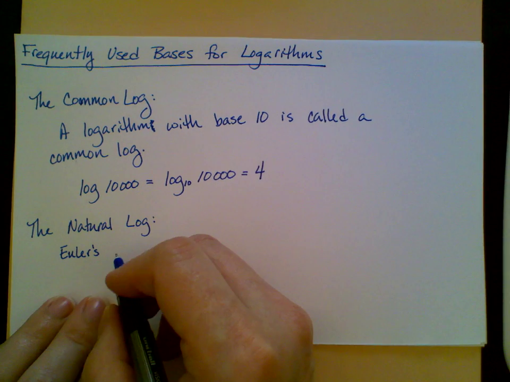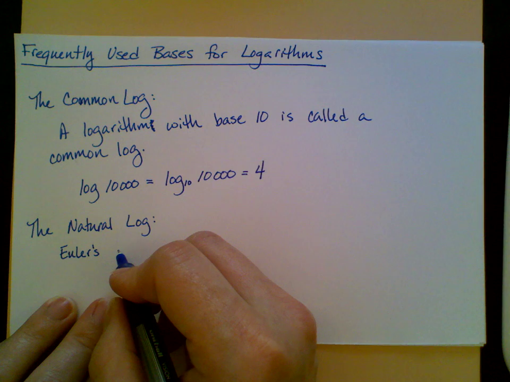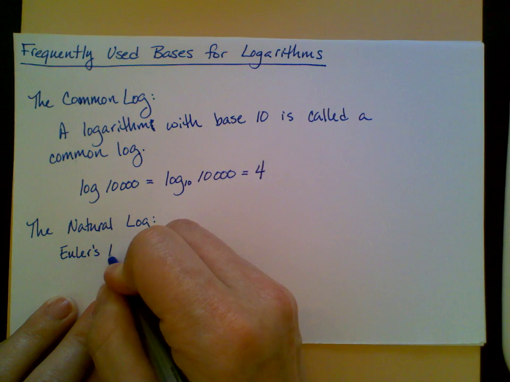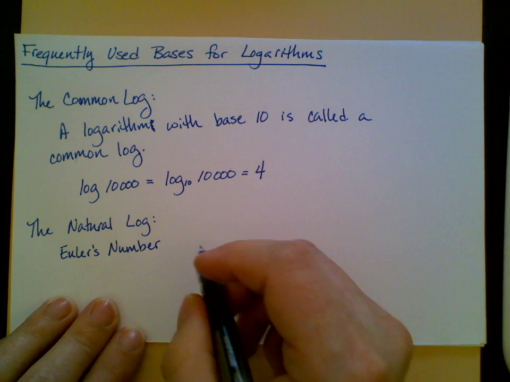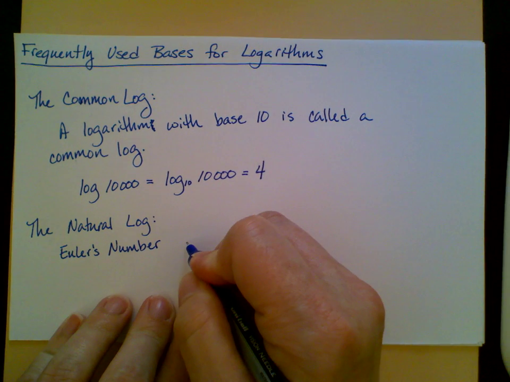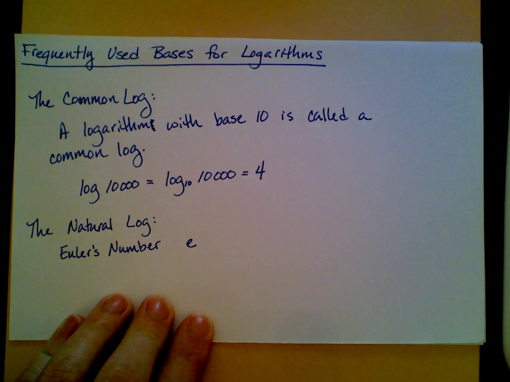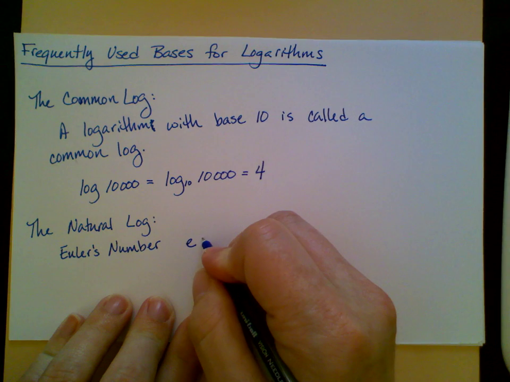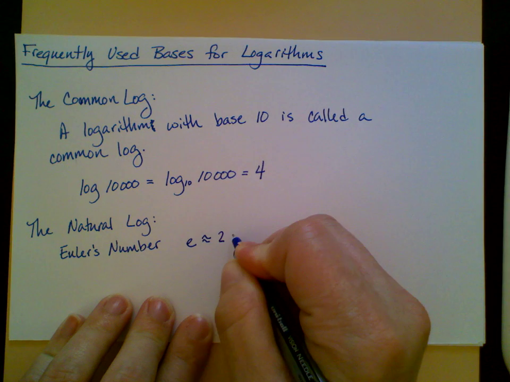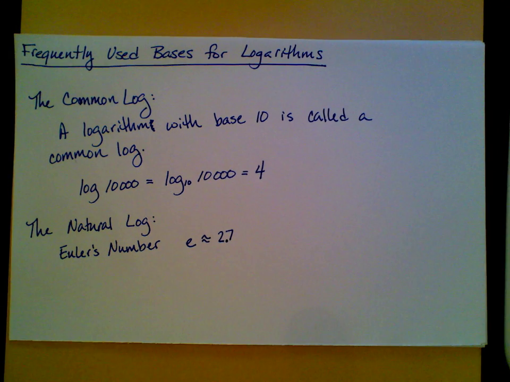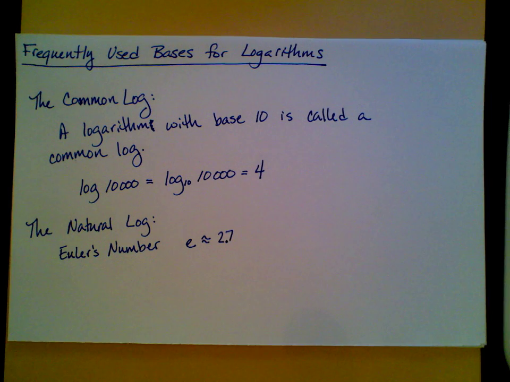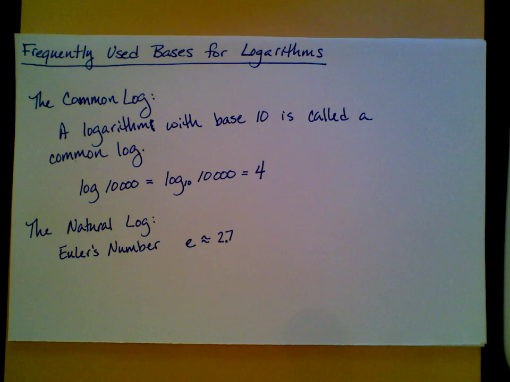It's German. Euler's number is e. We use a lowercase e, and it is approximately 2.7. I expect you to know that e is approximately 2.7 the way that you know that pi is 3.14.